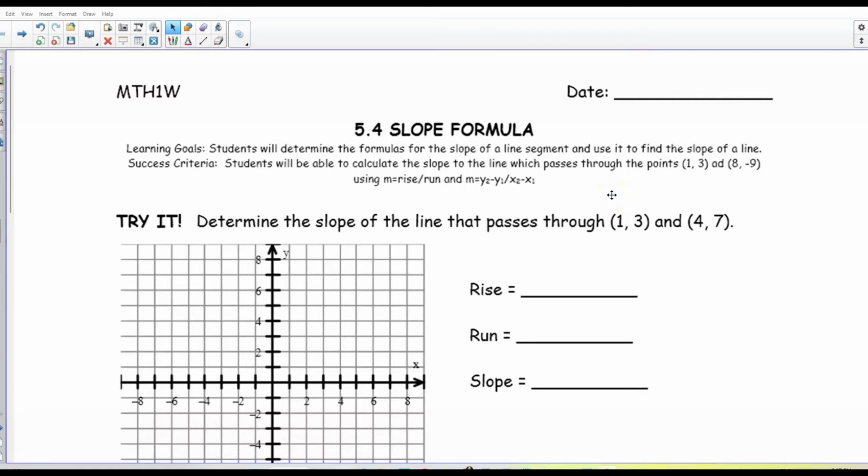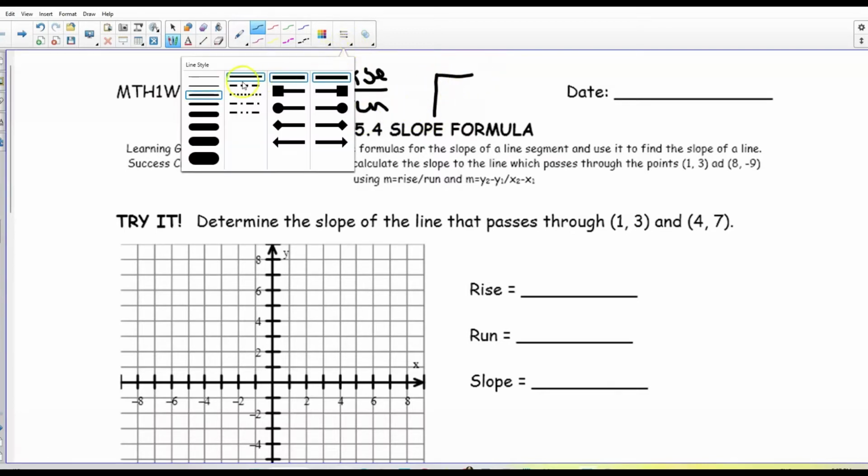If we remember, we said a couple of days ago that slope equals rise over run. So how much does it go up compared to how much does it go over? And this is on a straight line.